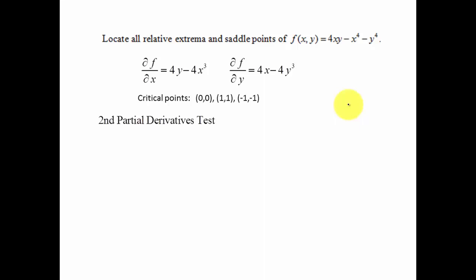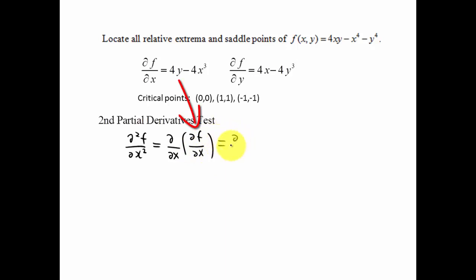After we have computed all the first order partial derivatives and the critical points, now we are going to classify these critical points using the second partial derivative test. We need to find the second order partial derivative of f with respect to x, which is partial differentiation of f with respect to x 2 times.